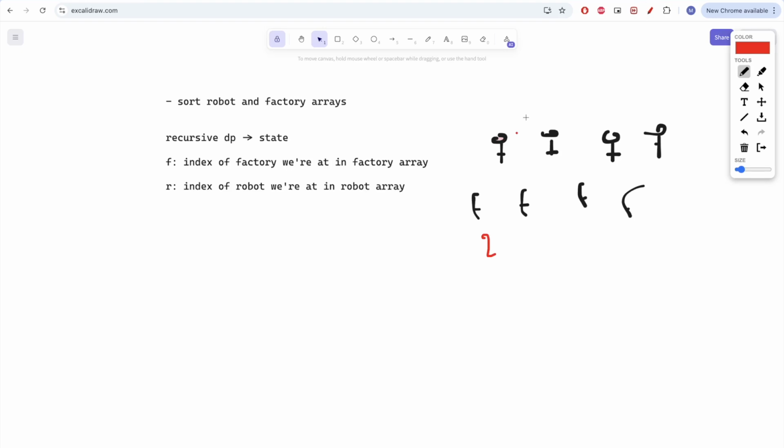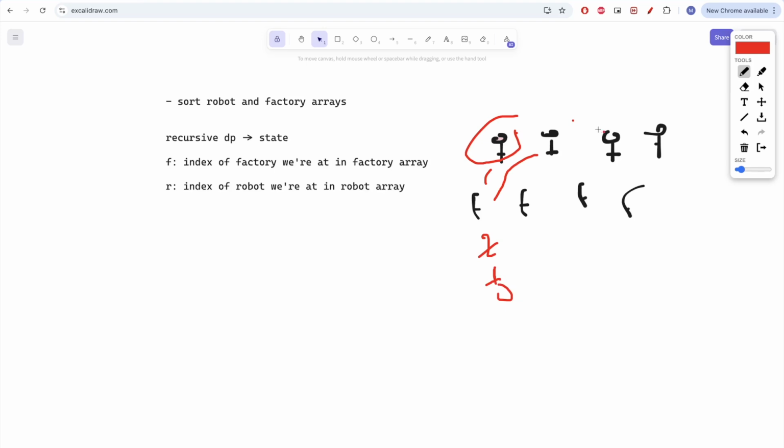Now the other thing that makes sense to look at is, let's say this one has a limit of 2 and we assign this robot to it, okay? Now it has a limit of 1. So we can still assign this one to this one. We can still try. Let's say we try this one. Now we need to know if we can. So here we can, so now the capacity is 0.